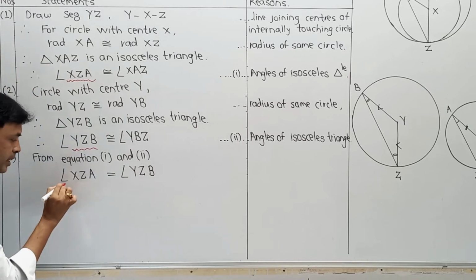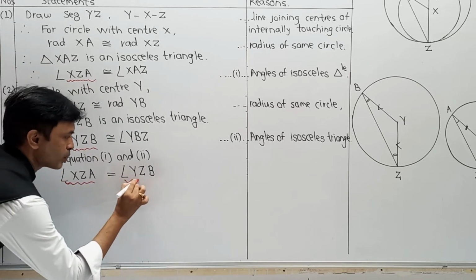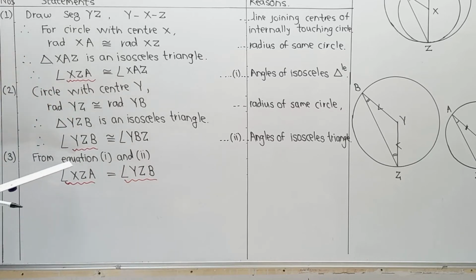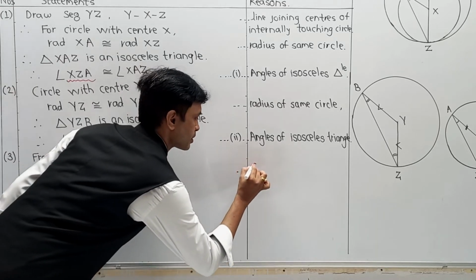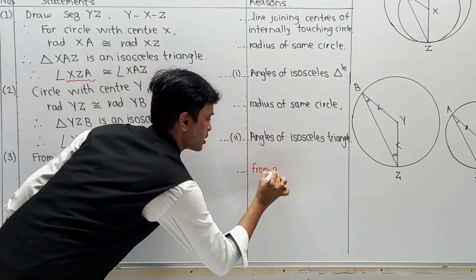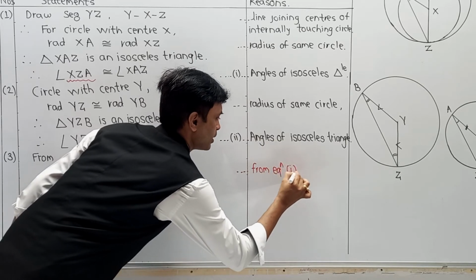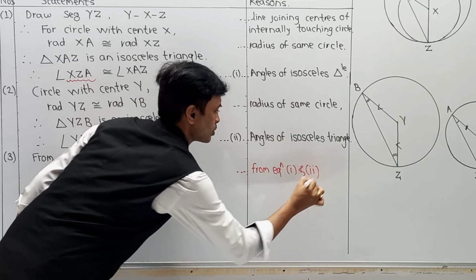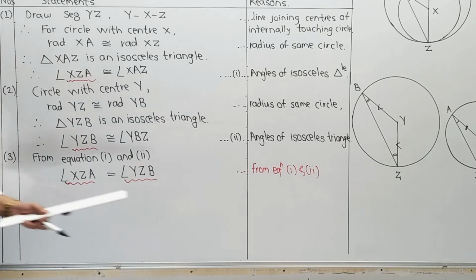Here XZA is congruent to YZB. That is the reason, from equation 1 and 2. Either you can declare that upward, or you can also write it in a reason. Both ways are true, but try to understand the concept.